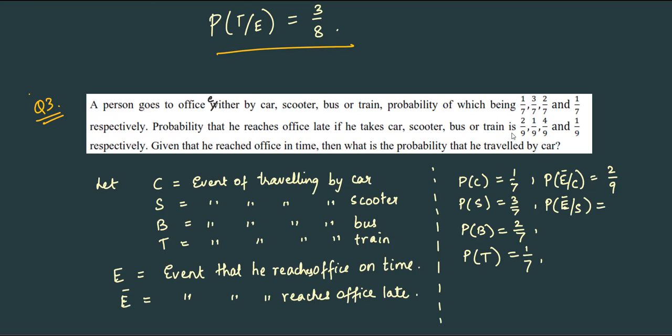Probability of his becoming late going by bus is 4/9. And probability of his becoming late going by train is 1/9.